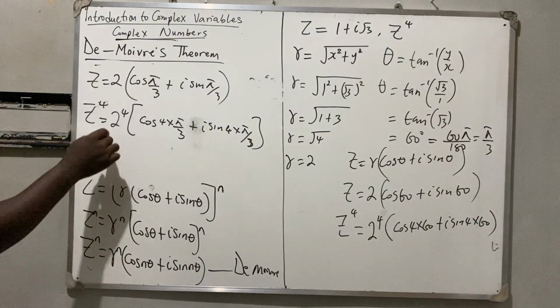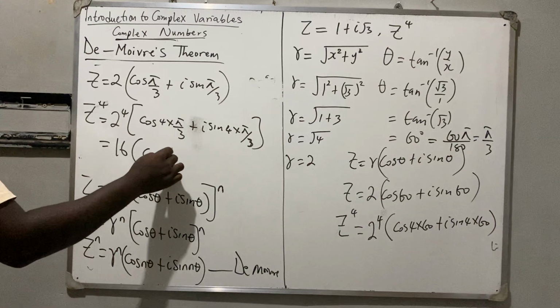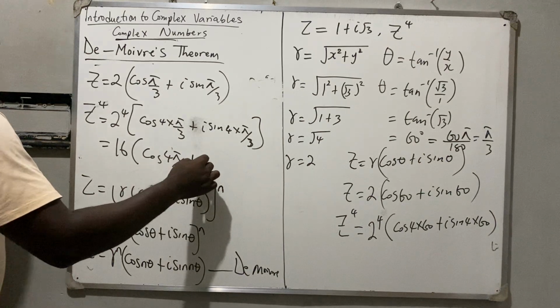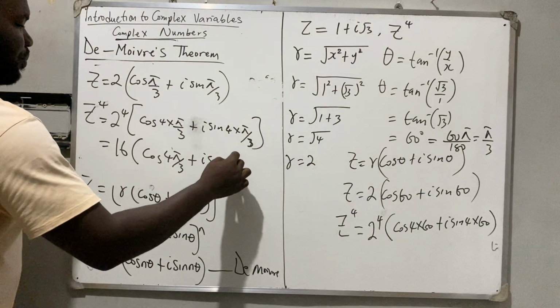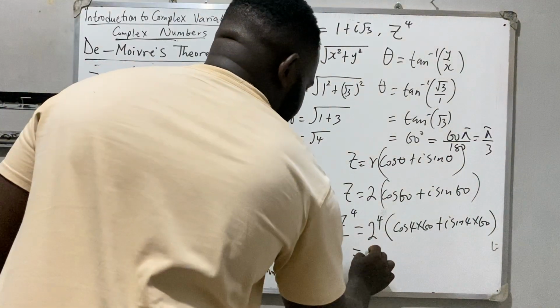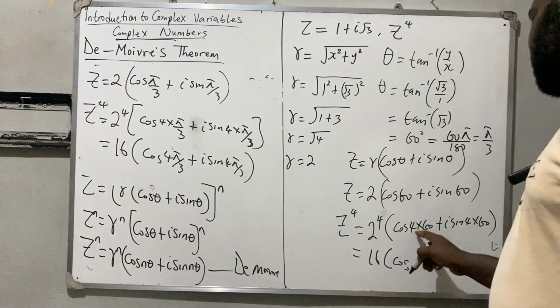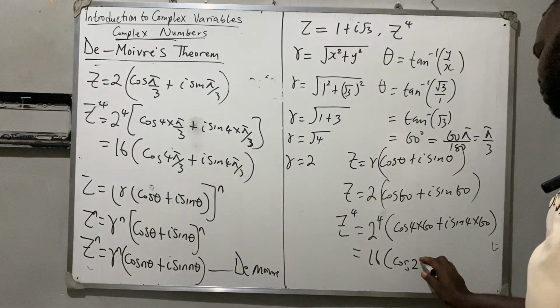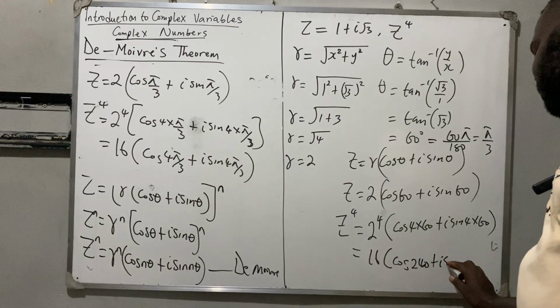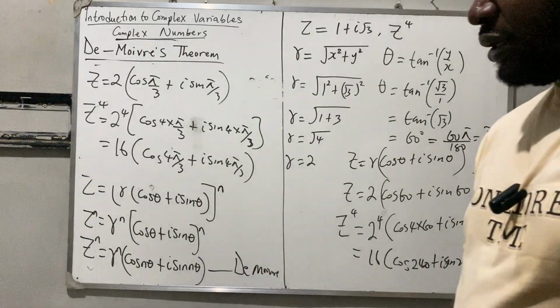Which is what? 2 raised to power 4 is 16, in bracket of cos 4 pi over 3 plus I sine 4 pi over 3. Or it will be in this form: 16 in bracket of cos 240 plus I sine 240. Okay? So any of that is the answer.